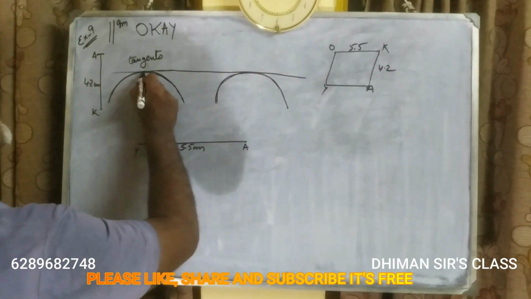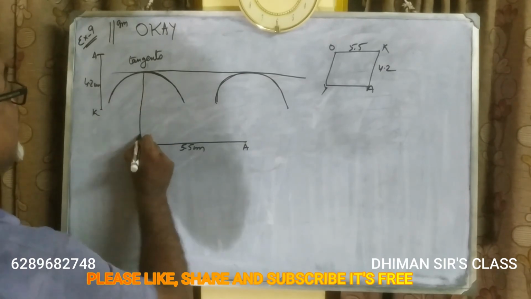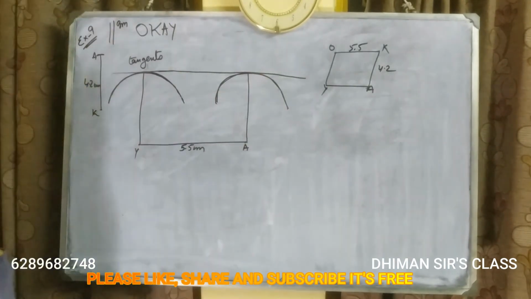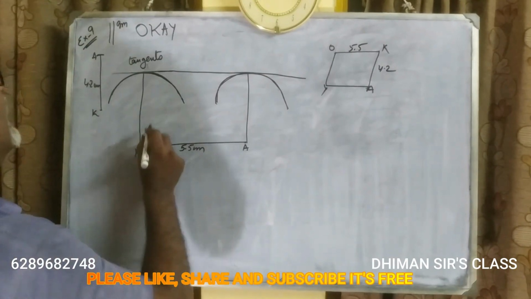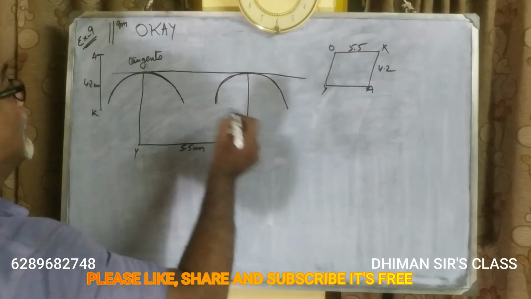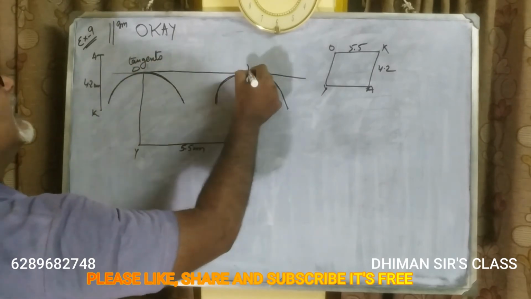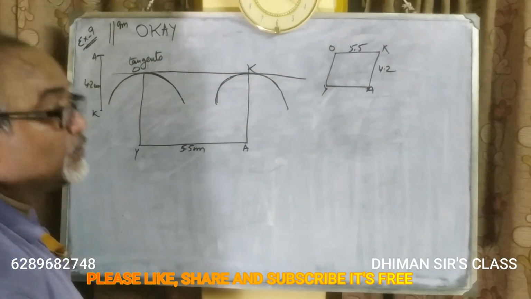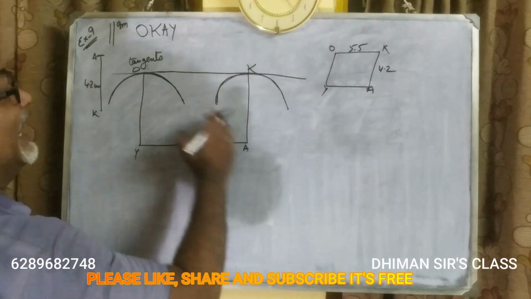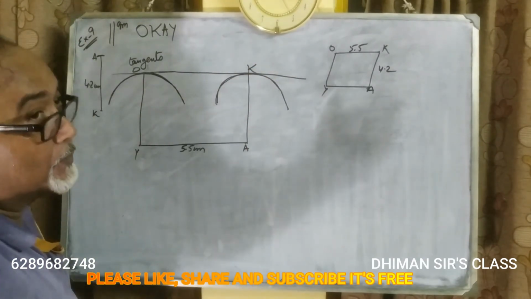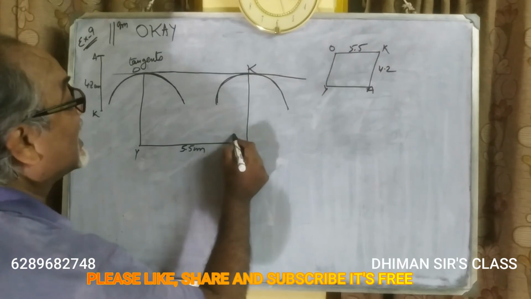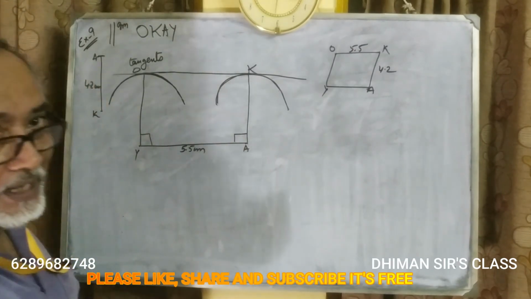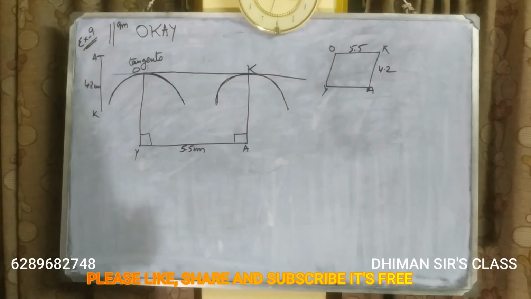So now this point if you join and from this point you will join, you will find that this quadrilateral is formed. Okay. But when you will join these lines and take with the help of your protector, you will measure, you will find that these two are of 90 degrees.